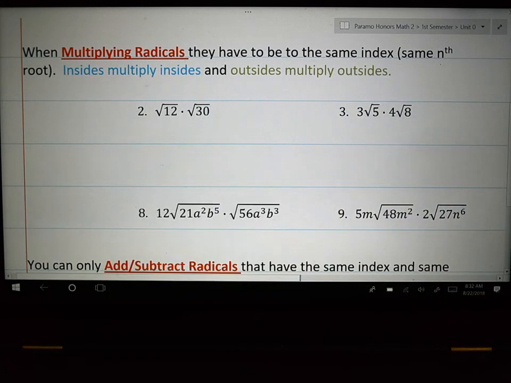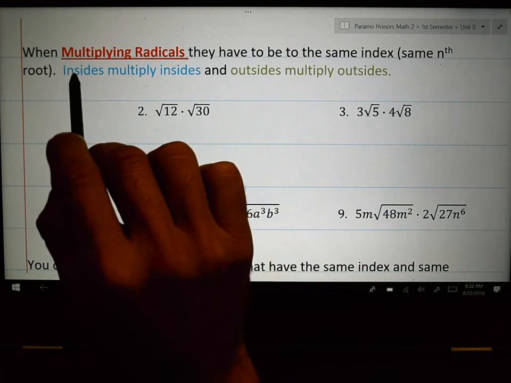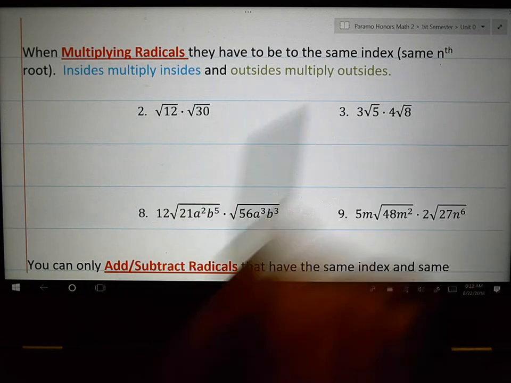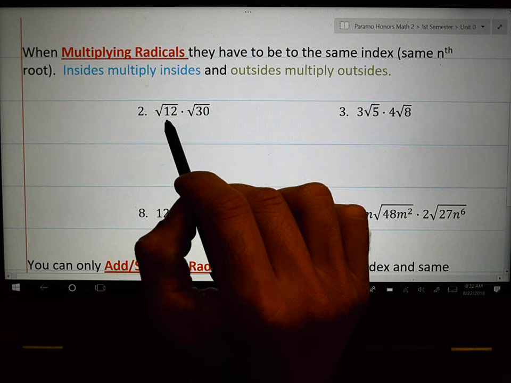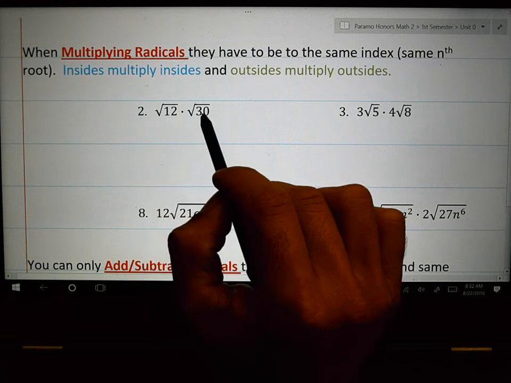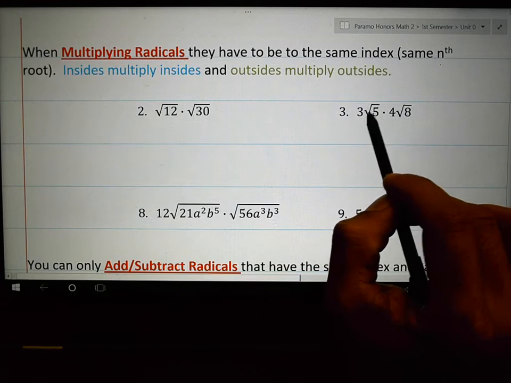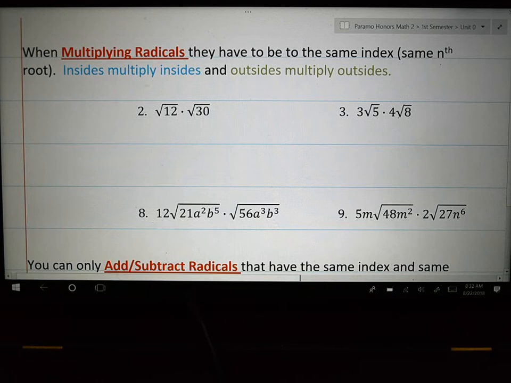The easiest way for me to remember what to do here is: multiply insides, and multiply outsides. Why do I say that? Because there are these things inside the radical. They will multiply the things that are inside the radical. You have some things that are in front of the radical, or outside of the radical. Those are going to multiply the things that are outside or in front of the radical.